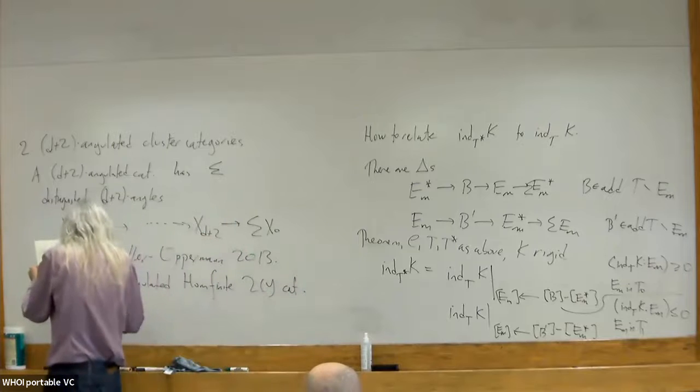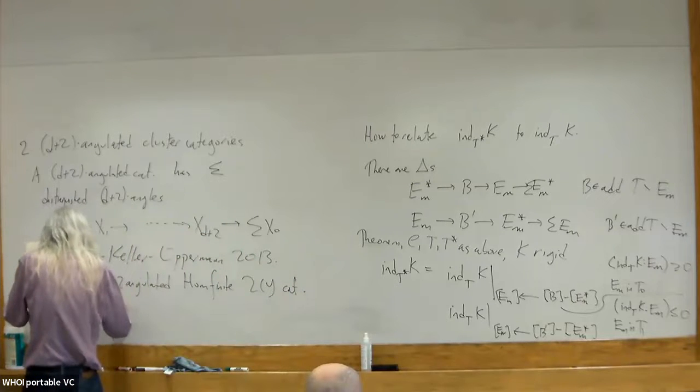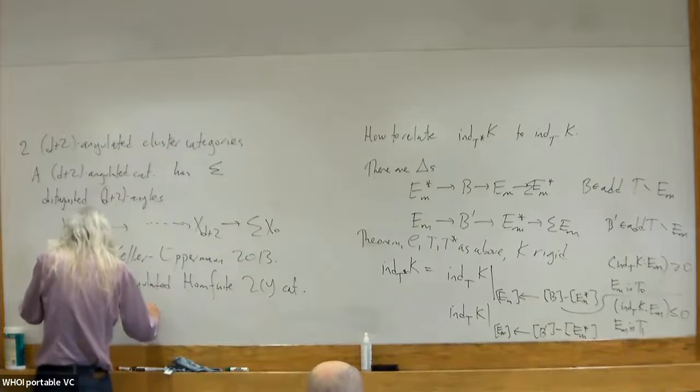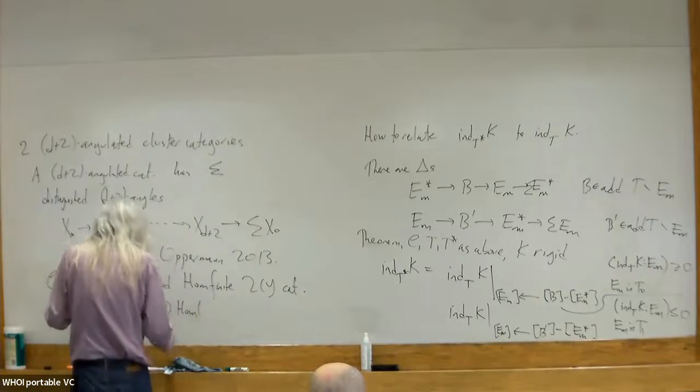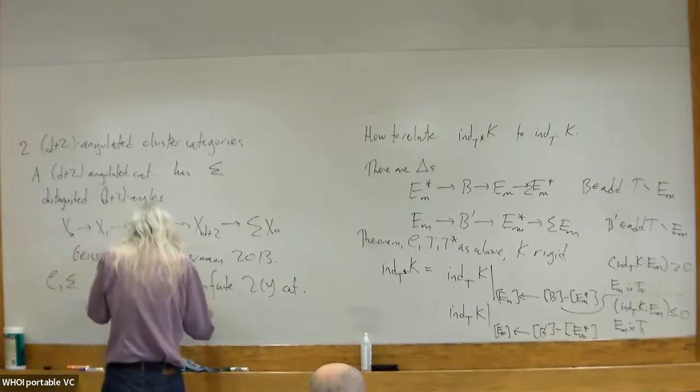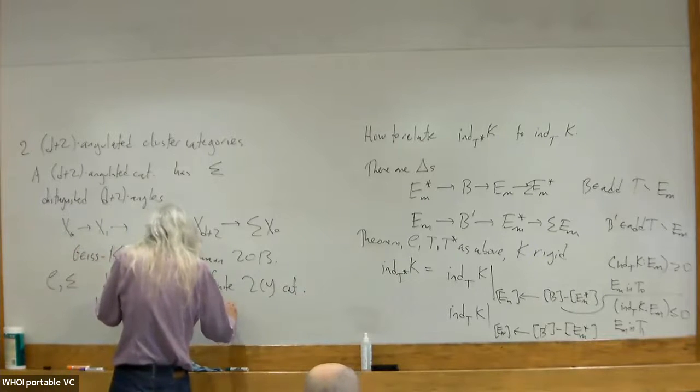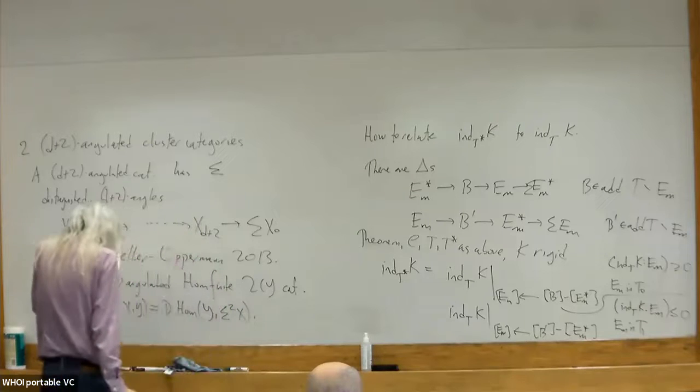And again, Calabi-Yau is going to mean the same thing as before, in the sense that Hom from X to Y is dual to Hom from Y to the double suspension of X.